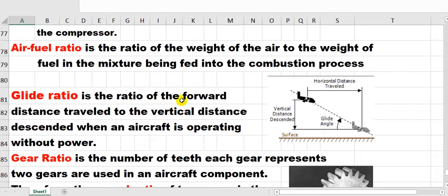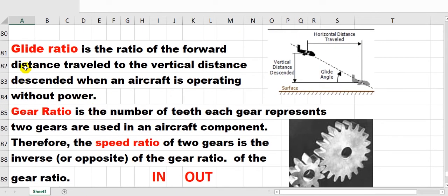It's the ratio between the forward distance traveled to the vertical distance descended when the aircraft is operating without power. Here, no power, no engines, so the aircraft will go down. This is the distance, and this is the vertical. The ratio between them is called the glide ratio.